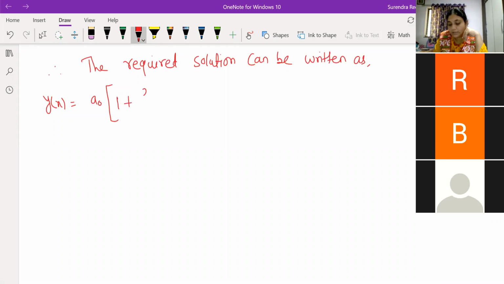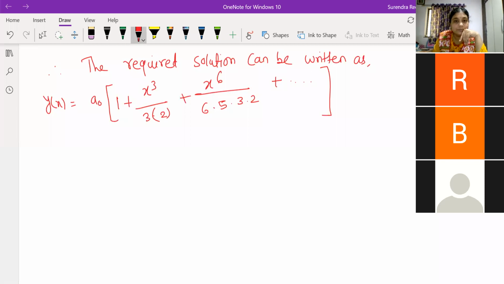So 1 plus x cube divided by 3 into 2 plus x raised to 6 divided by 6 into 5 into 3 into 2 plus, and so on.